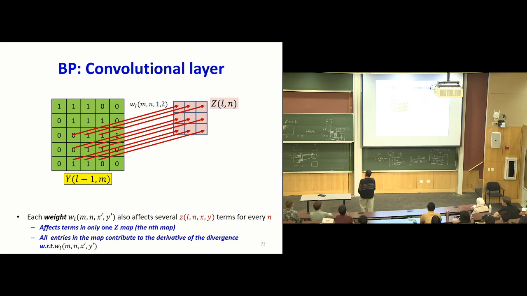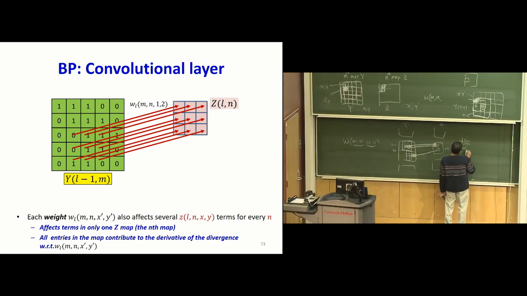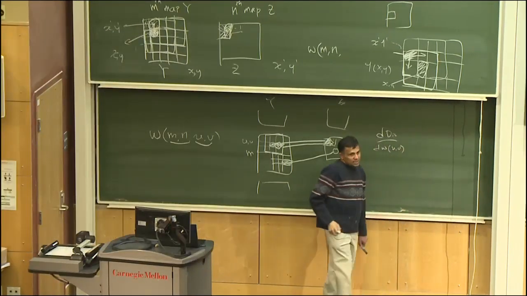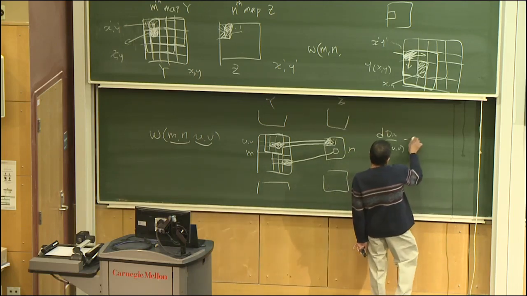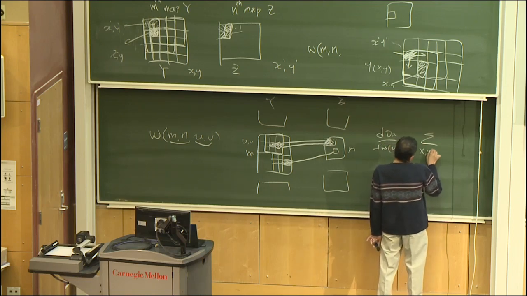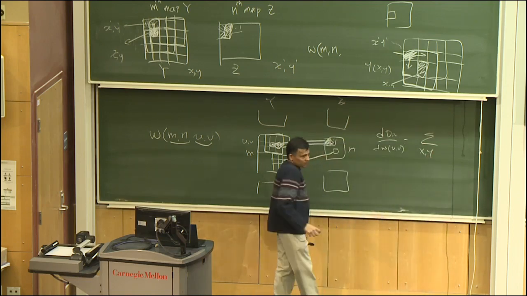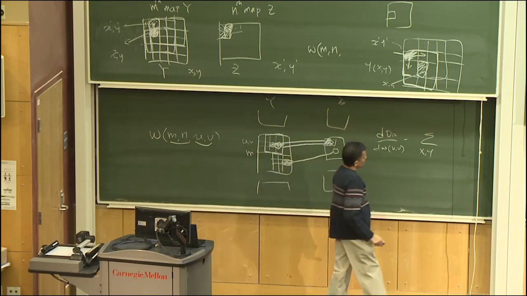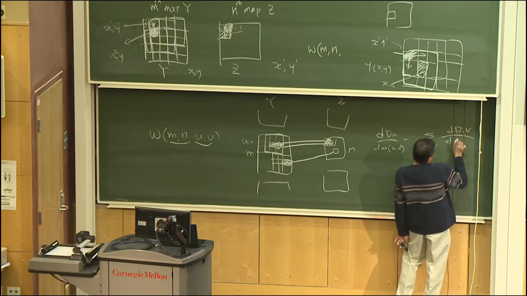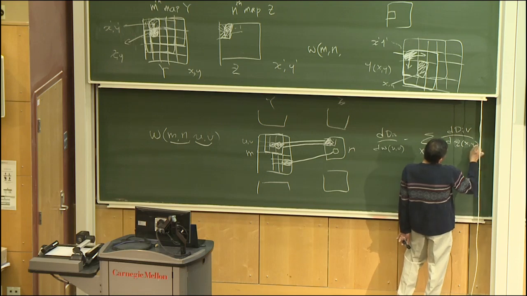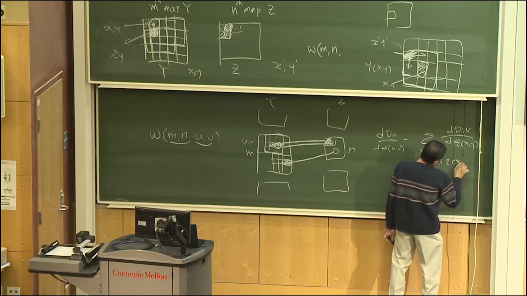Specifically, what is the derivative of the divergence with respect to the weight uv? Obviously the weight affects several z's, so it's going to be affecting the entire z map, as we saw, right? So you have the derivative of the divergence with respect to zxy, and then times the derivative of zxy with respect to the weight.